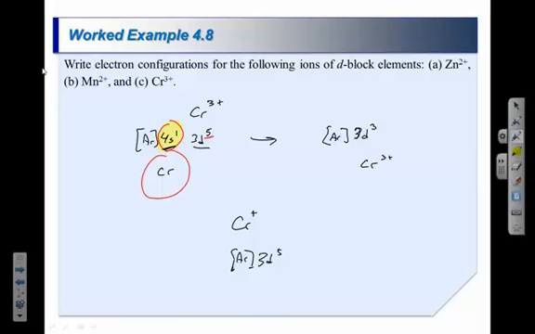If I just think about having one chromium atom and there's nothing else around it, and I'm just thinking about the attraction the electrons have to the nucleus and getting the half-filled subshell or getting a noble gas configuration if it were a different element maybe, I have to remember that in nature there are lots of other elements around.